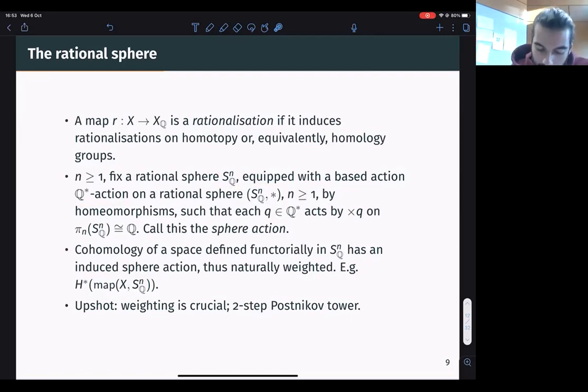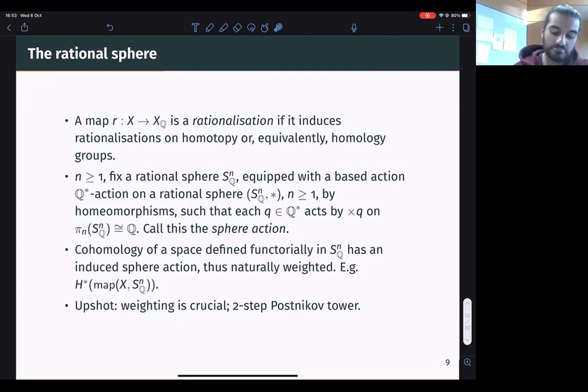What I mean by acts by degree is that every q acts by multiplication by q on the nth homotopy group of the sphere. Such an action I'll call a sphere action. They exist. I can give an example, but we don't need to do that now.